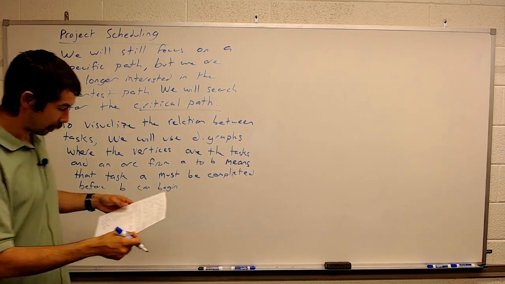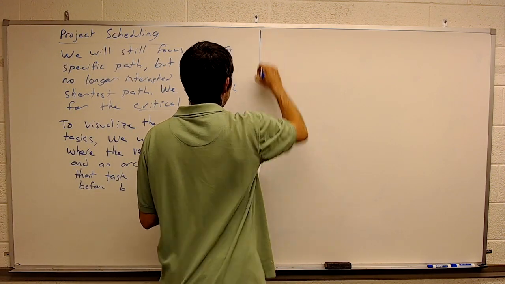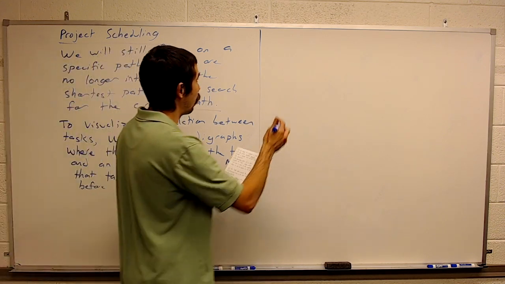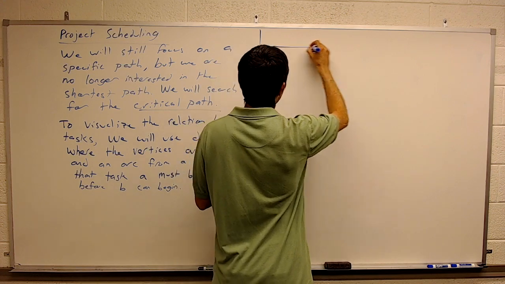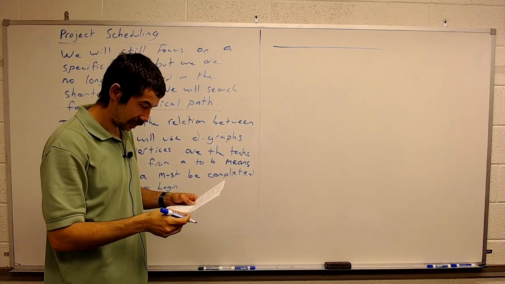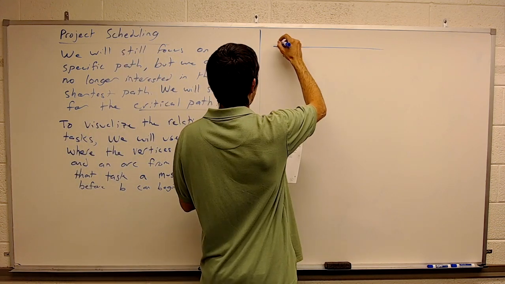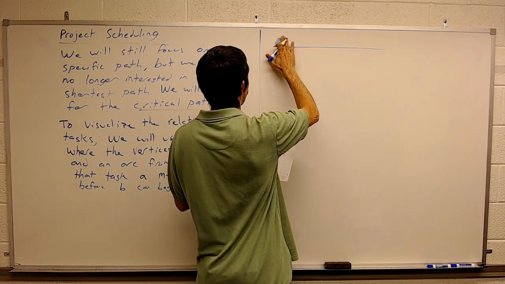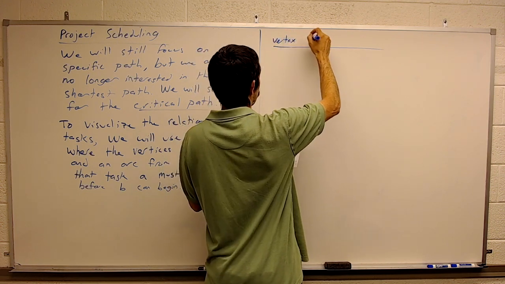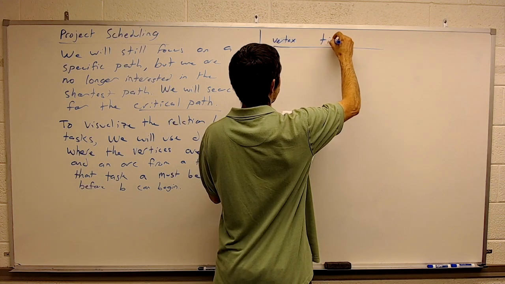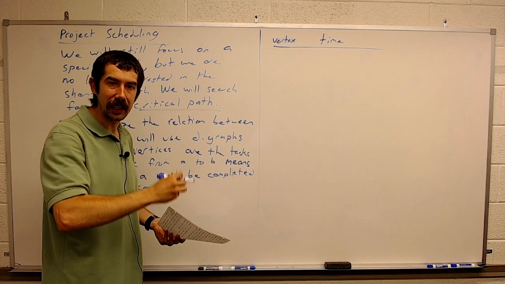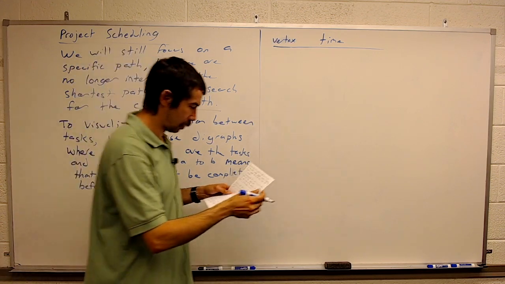All right, so let me give you an example of how this is going to look. Suppose we have a bunch of tasks, and there's some time to complete the tasks. So we're going to have just the vertices, the time it takes to complete the task, and then also what tasks have to be completed before that specific vertex could start.